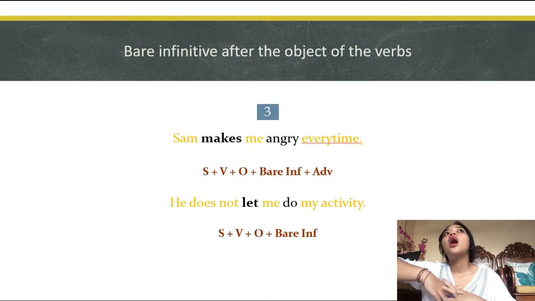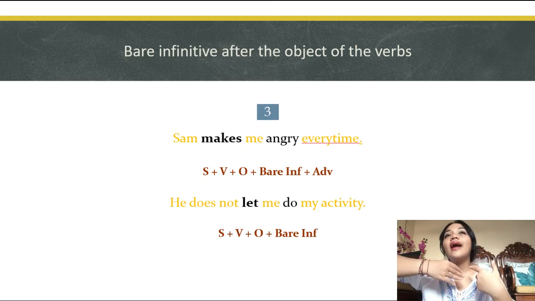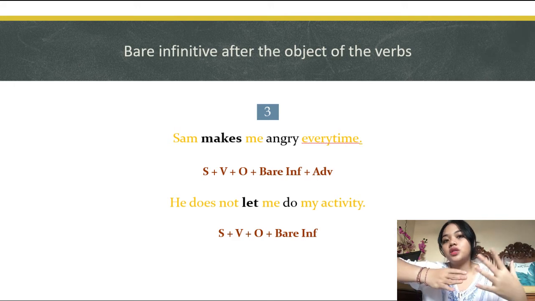So Sam is the subject, of course. Makes is the main verb. Me is the object here in the sentence, and then angry is a bare infinitive working as an object complement, so it is giving information about the object me.